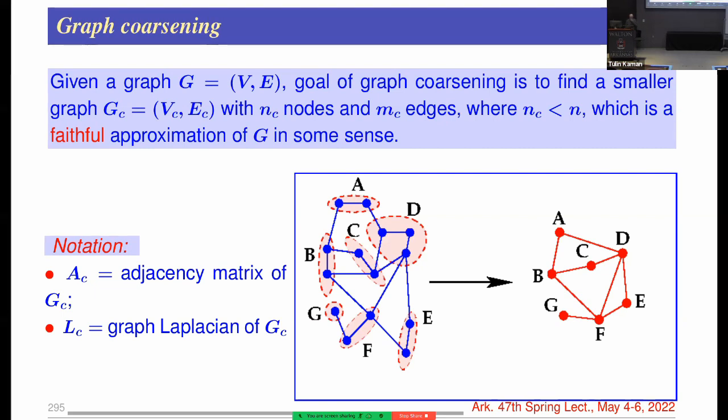So the goal of graph coarsening is the following: given a graph, find a coarser, smaller graph, which has fewer vertices, fewer edges, obviously, which is a faithful representation of G, the original graph, in some sense. So for example, these two will give you a node here, etc.